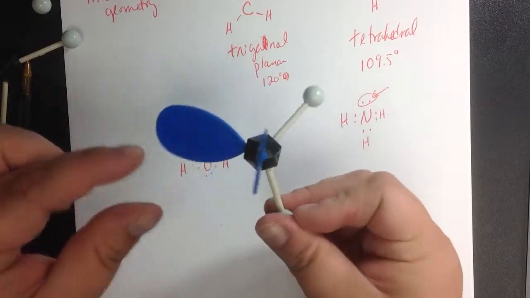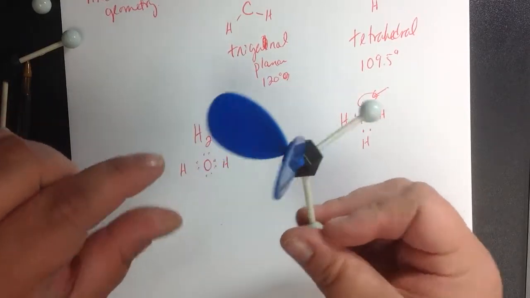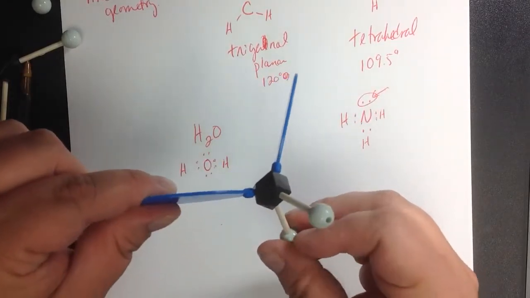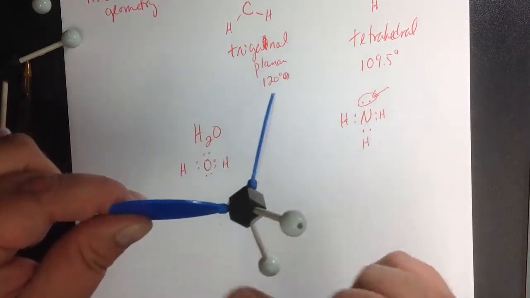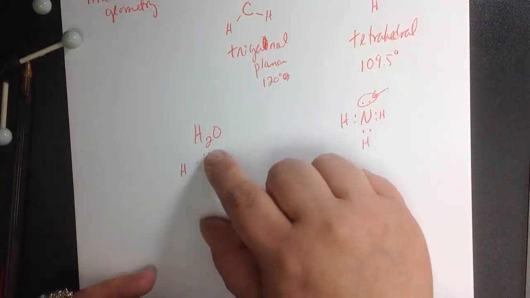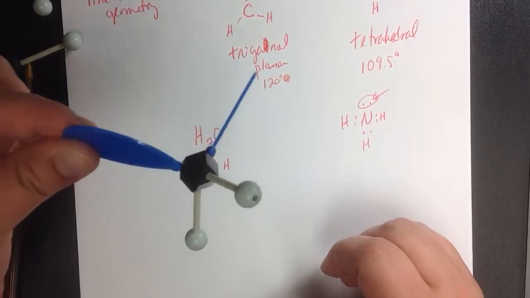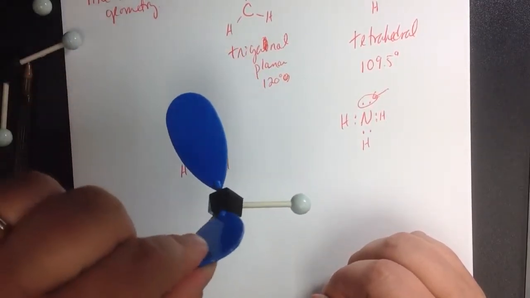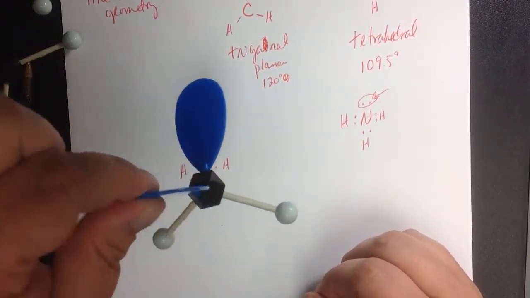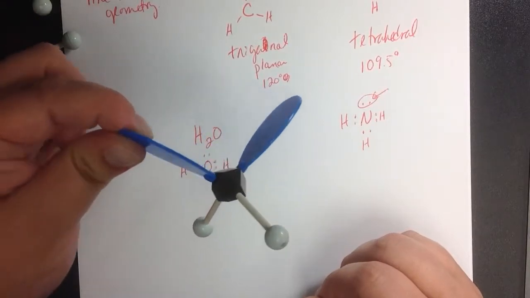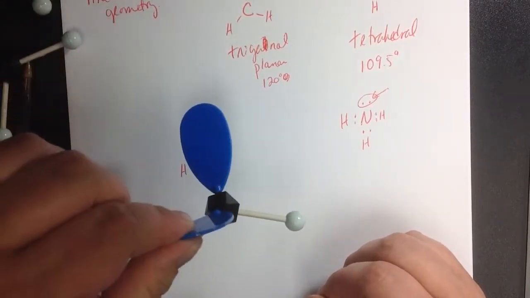So see, this is still the same tetrahedral type of arrangement. So if you count 1, 2, 3, 4, it comes from 1, 2, 3, 4. This has a tetrahedral electronic configuration.